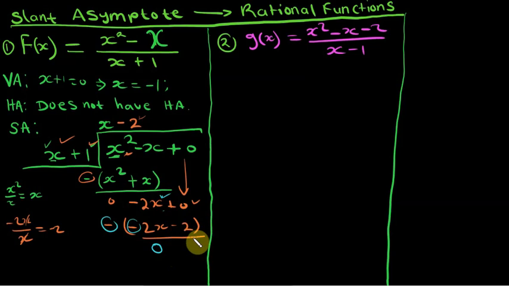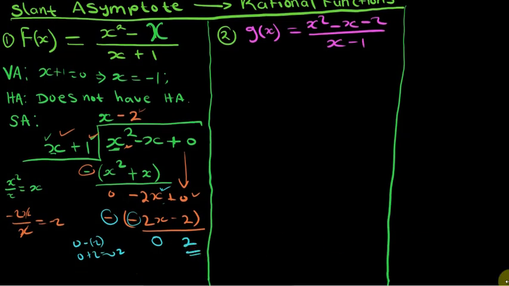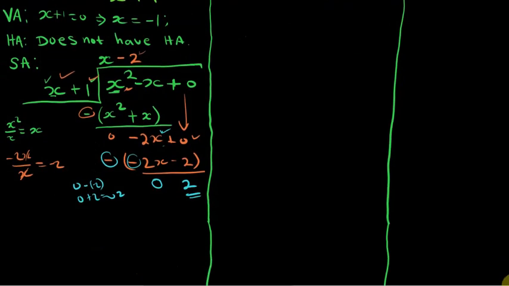Then 0 minus minus 2 is the same thing as 0 plus 2, which equals 2. So positive 2 is the answer. Alright, so we have a remainder.